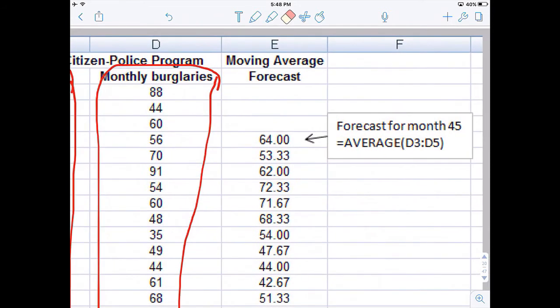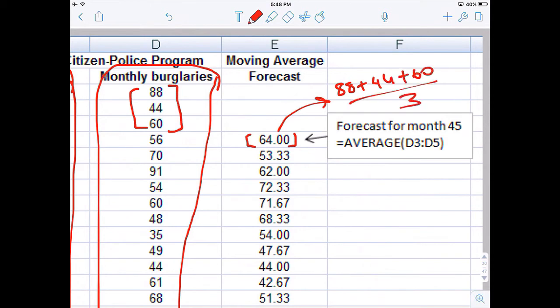It's just the average of D3 to D5, which gives you 64. In other words, you sum 88, 44, 60 and divide this number by 3.